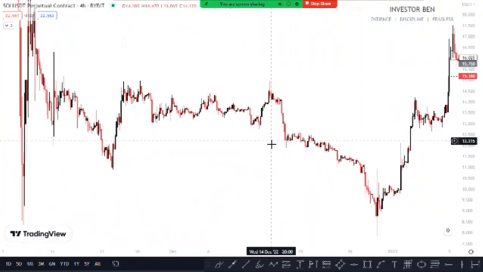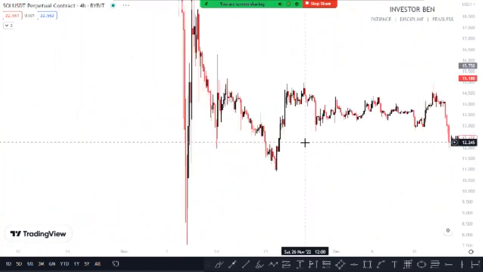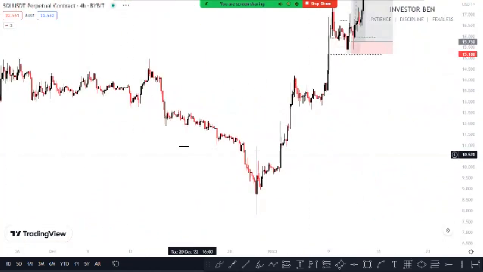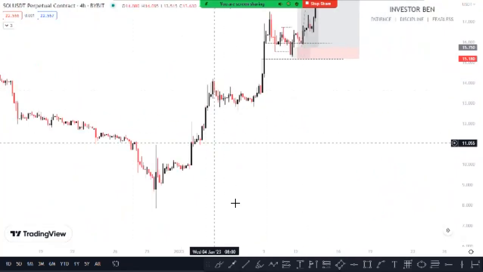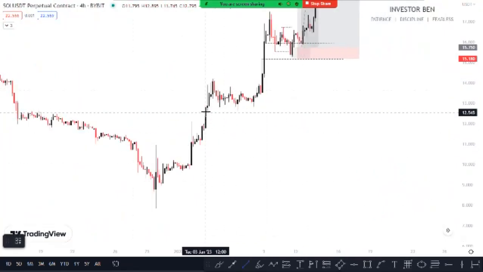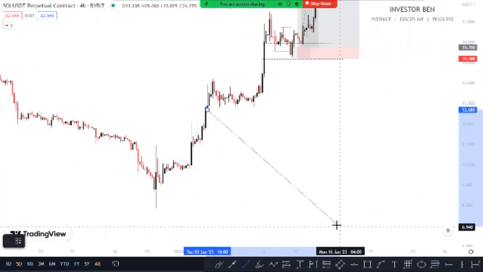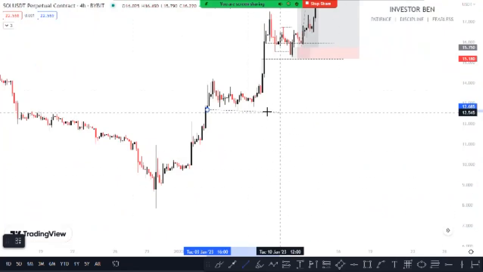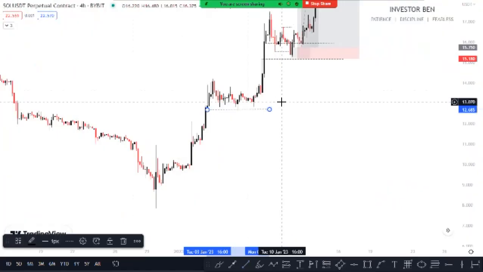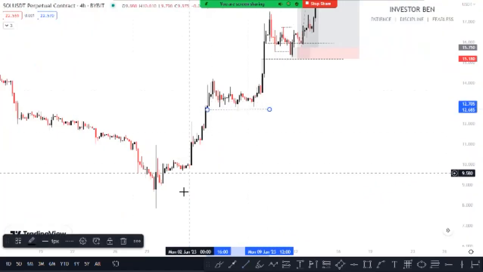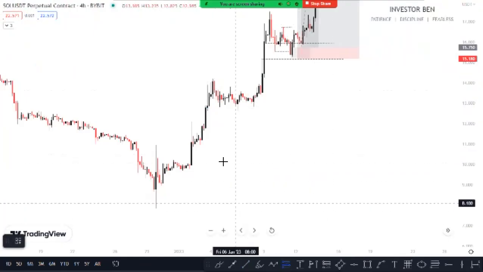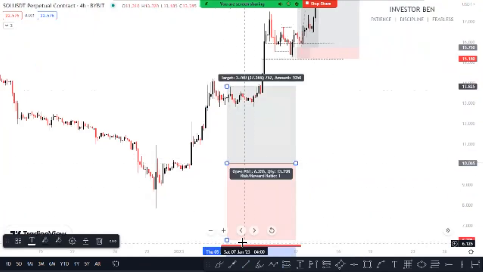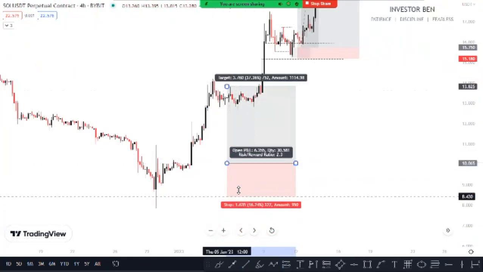Don't go and place a trade on a plain FVG, something like this. Don't go and mark FVG like this, something very, very open. Don't mark FVG and just put your entry there waiting for something like this.